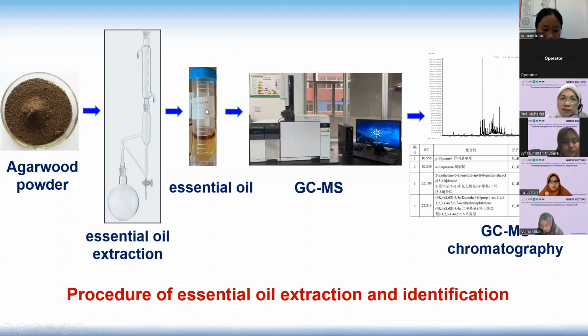But anyway, we can very easily get the essential oil by some liquid extraction with ethyl. Then we send this essential oil to GC-MS, and then identify the chemical compositions.